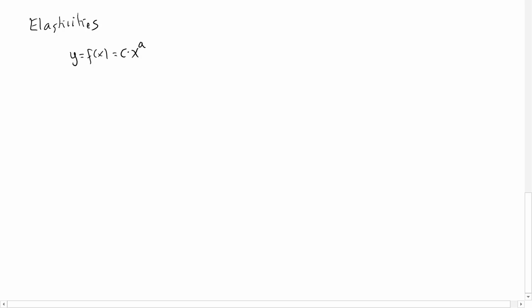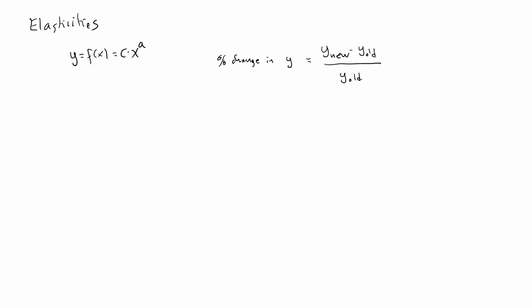Well, we know that the percentage change in y is given by the change in y, so y new minus y old divided by what we start with. You need to multiply that by 100 if you want it expressed in percentages. So if you start with, let's say 100, you go to 103, then you get 3 over 100 or 0.03 or 3%.